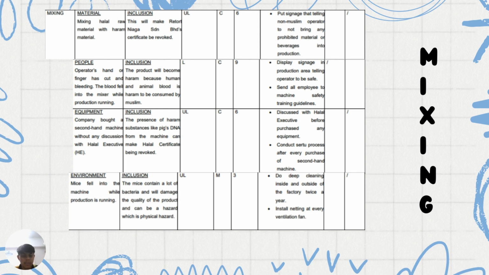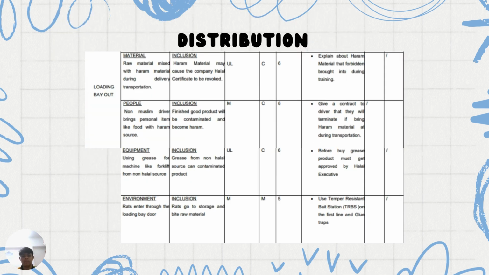And we move to the control measure, which is to do deep cleaning inside and outside of the factory twice a year, like I said earlier. And lastly, install netting at every ventilation fan so that the mice cannot get into the factory. The HACCP is still the same. It is a no.